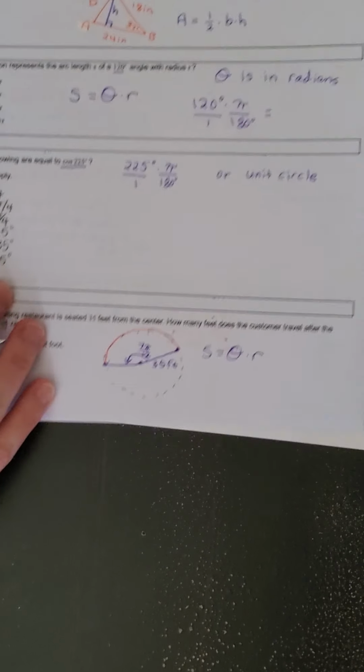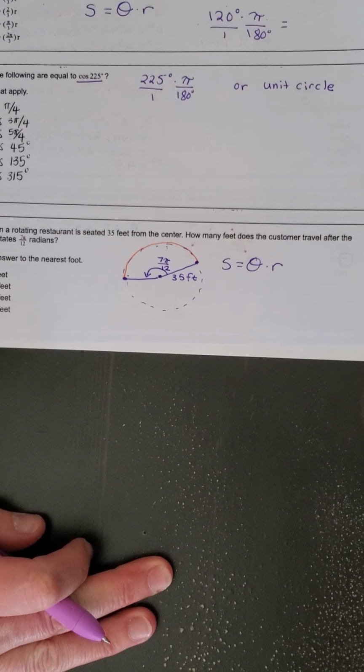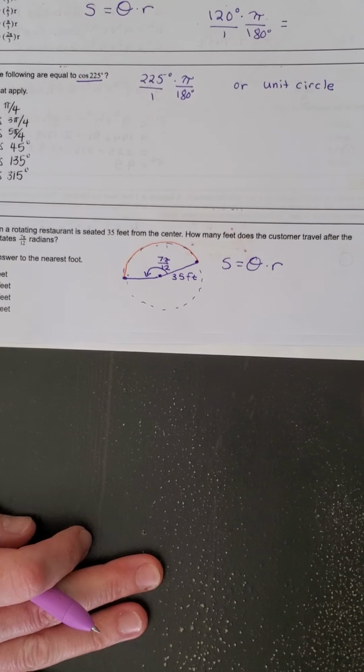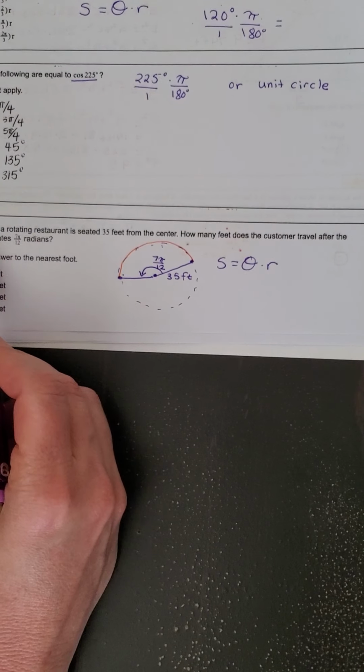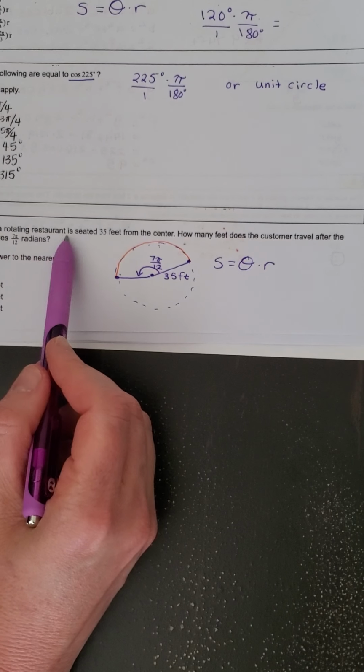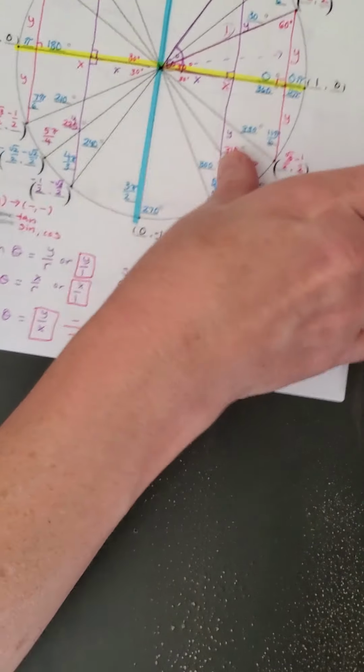Okay, number 8. Again, we're doing something using this formula for arc length. So it says a customer is in a rotating restaurant seated 35 feet away from the center. So I'm going to sketch that. You get a new sheet of paper.